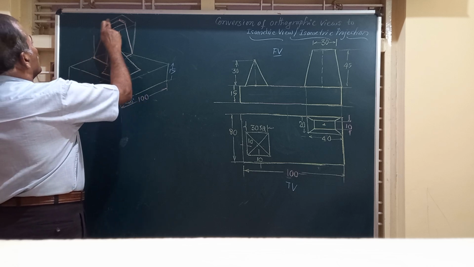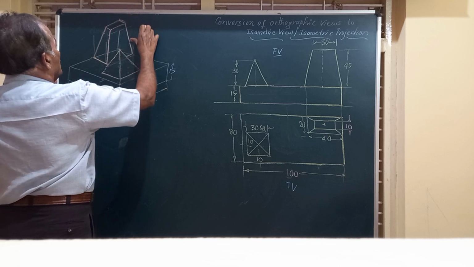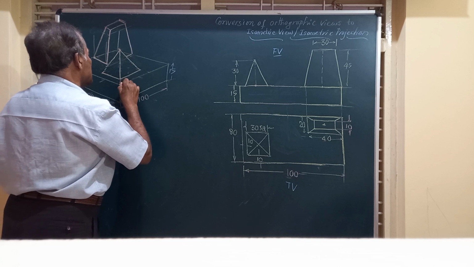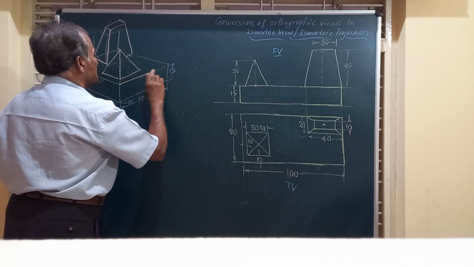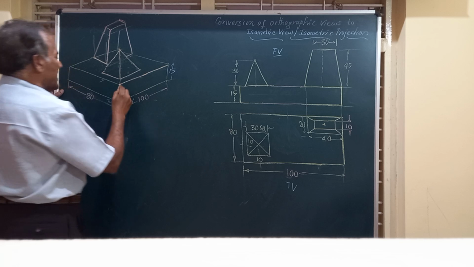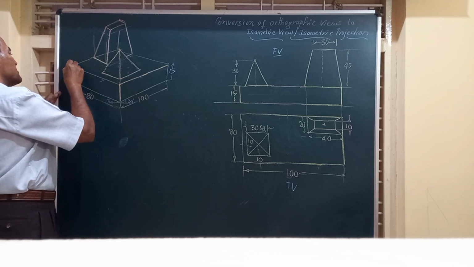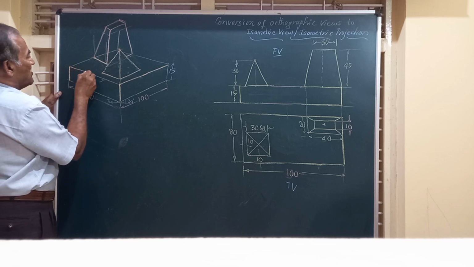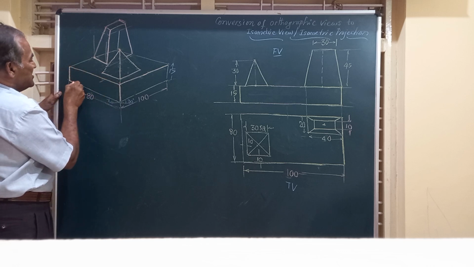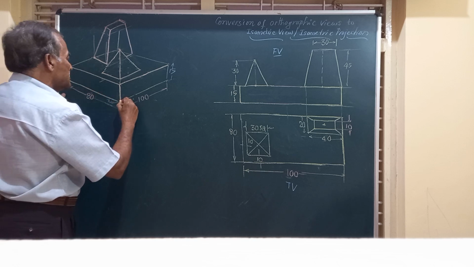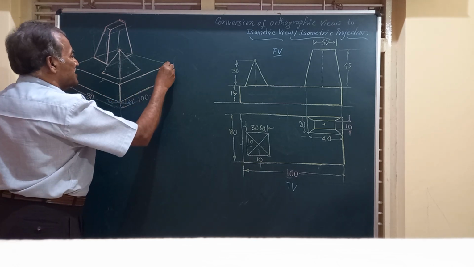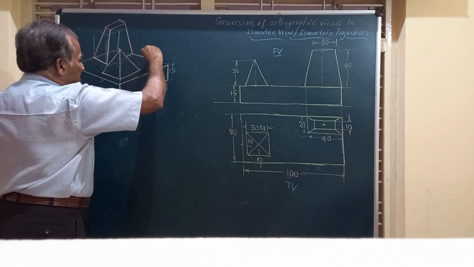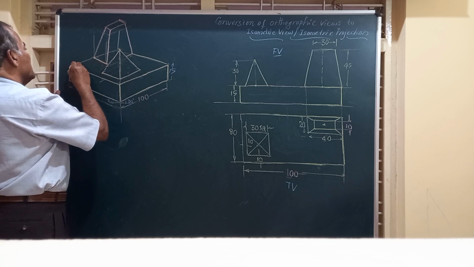Friends, now to make the drawing look beautiful, I will remove all construction lines and darken the platform, this rectangular block here having height equal to 15. Let me join all these by visible lines, this by visible line, this height also by visible line, and all this portion that is outside the object by visible lines.